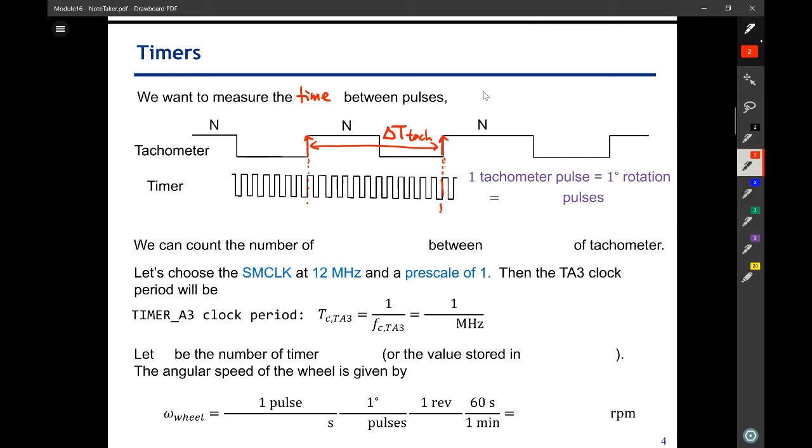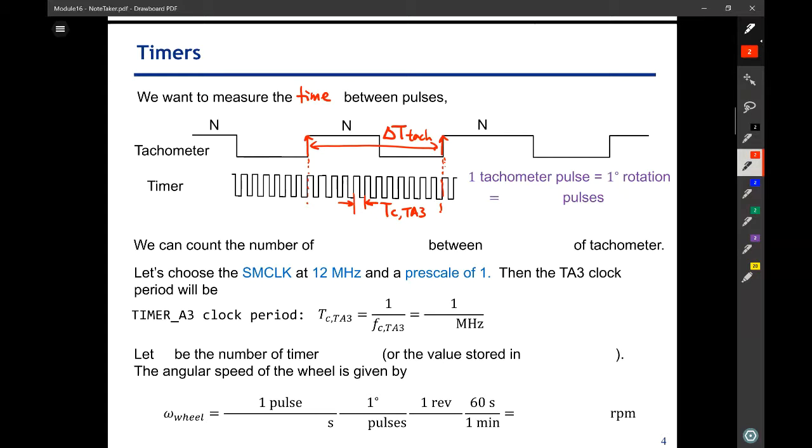Let me call the period of the timer TC of TA3. We have 1 tachometer pulse, which means 1 degree of rotation of the wheel.